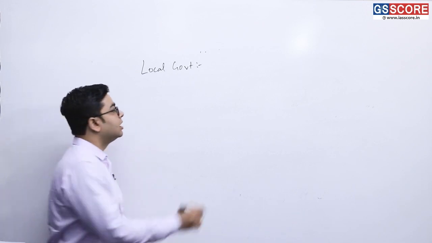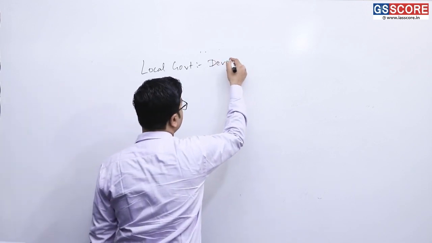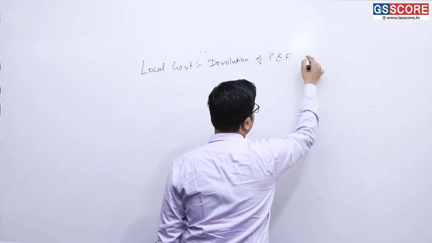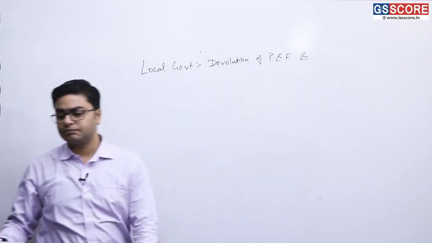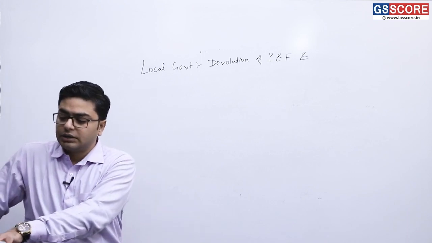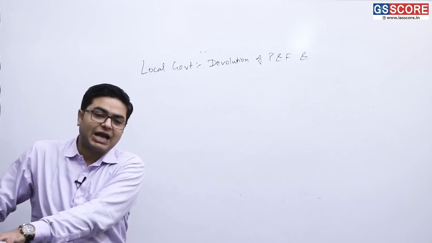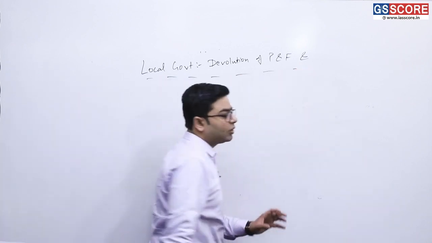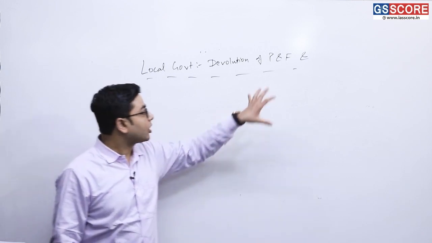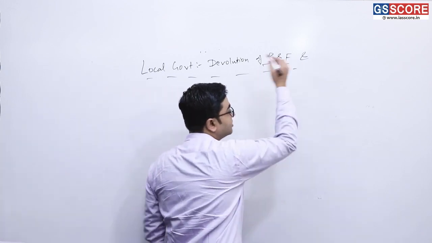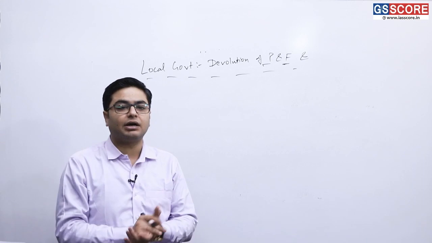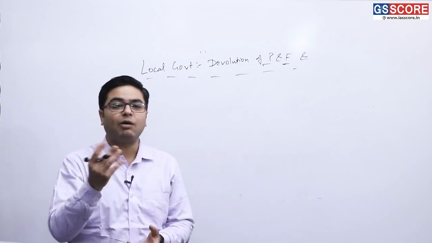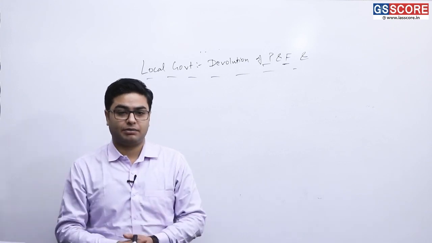That is devolution of powers and finances up to local levels and the challenges therein. So when we look at this theme, we are talking about powers and finances. One very implicit aspect to this theme is the manpower or the people.